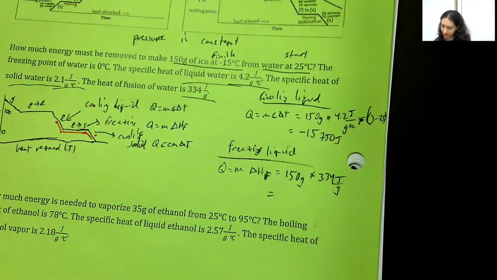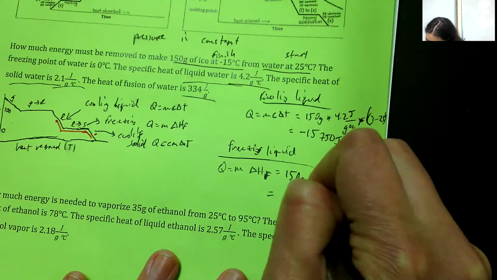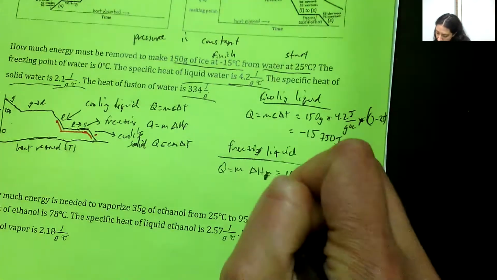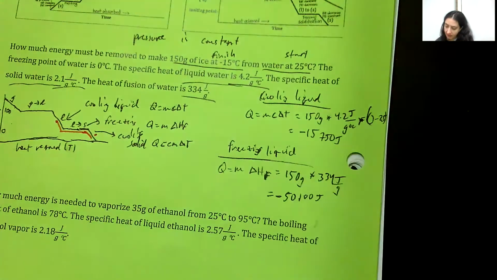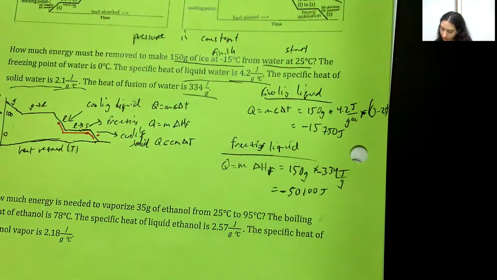So our answer is going to be 150 times 334, that's 50,100 joules, and that's also going to be a negative number, because you're losing heat.